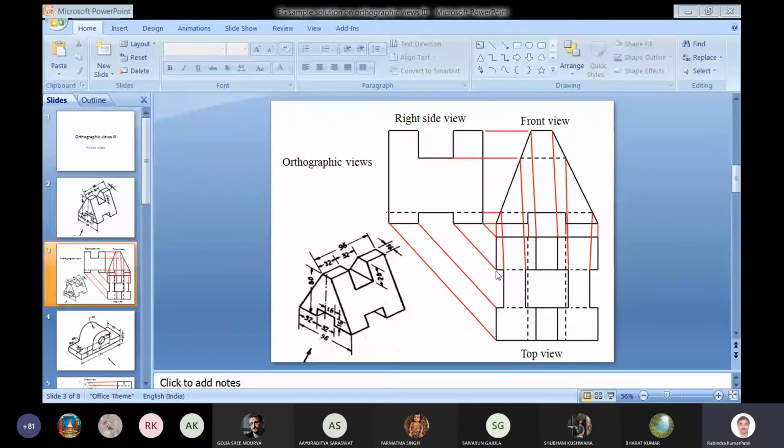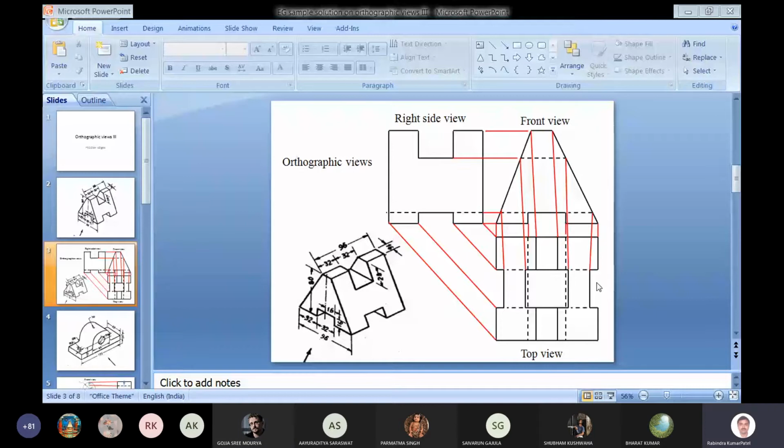This should not be there. Only continuous line will be there. So this line will not be there, only continuous line. And from here only we will have the dashed line. But because of the inclined face, we have this gap, this portion starting a little bit away from the right side, and from the left side, a little bit away.